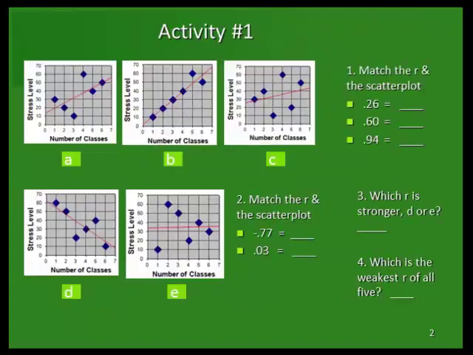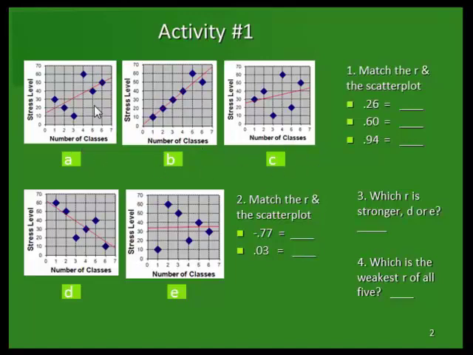Okay, so this is just to give you some hands-on practice with thinking about it. I have here A, B, and C. There are 3 correlations, and what we're looking at is the relationship between number of classes and stress level. Just imagine that we did a study a number of different times and it turned out a number of different ways.